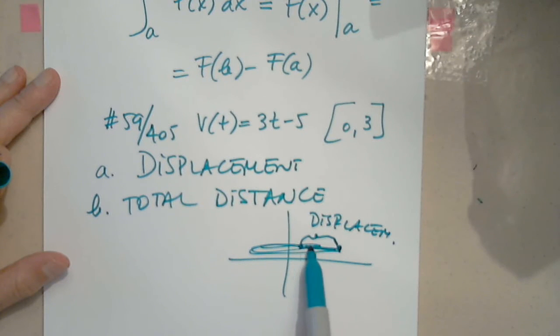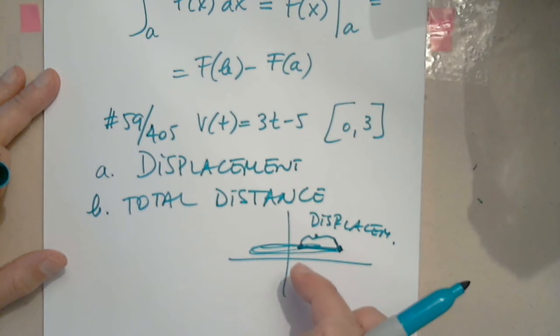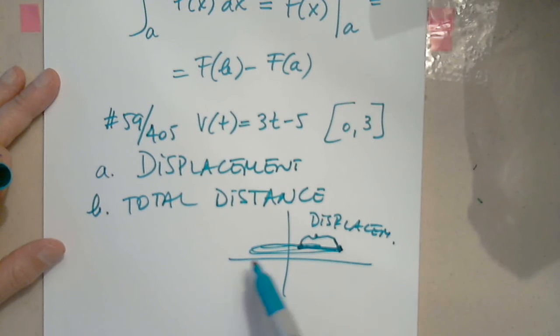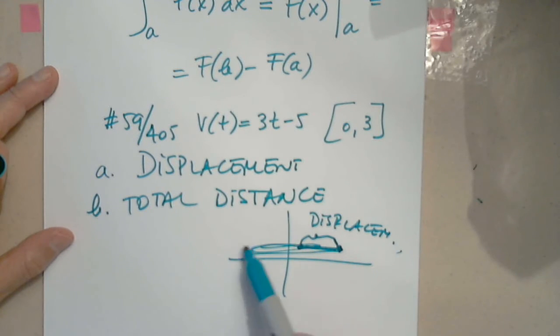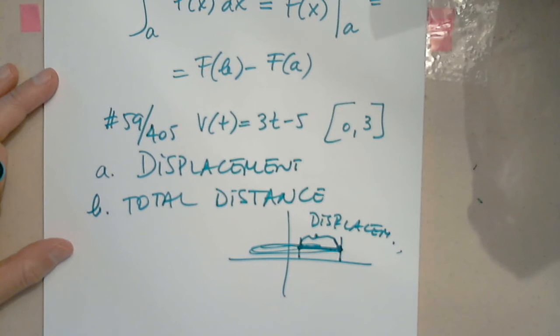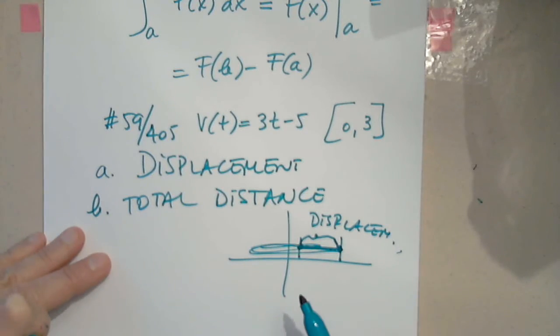This is the displacement: where it starts and where it ends. That's the distance between the initial point and the end point. We're not talking about the total distance. It can go back and forth, I don't know, 10 times. But if it starts here and ends here, this is a displacement between time 0 and time 3.